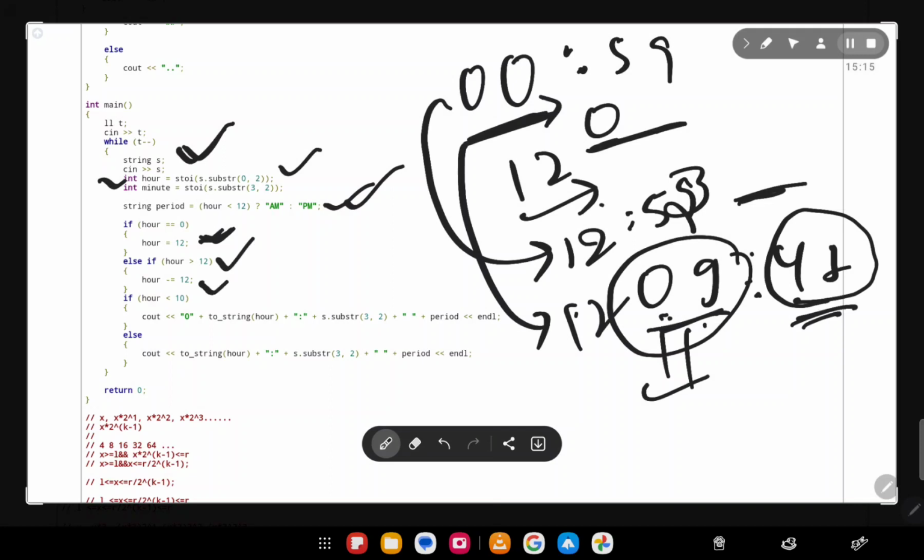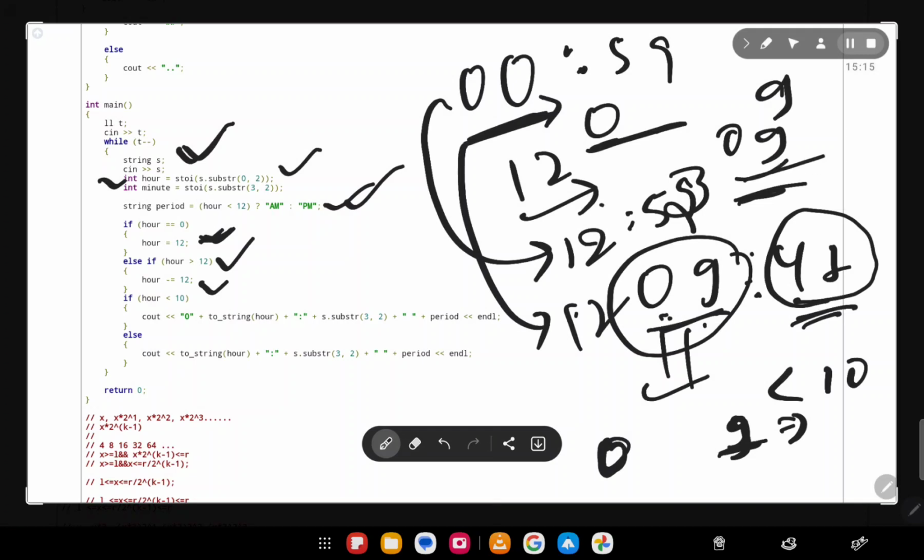And one more thing, if it is less than 10, it means if the hour is present in a single digit, then we have to print a 0 before this digit. If it is 9, then we have to print 09 in this way. Convert the hour into a string, and accordingly you have to print. So this was the simplest code that I had written in the contest.